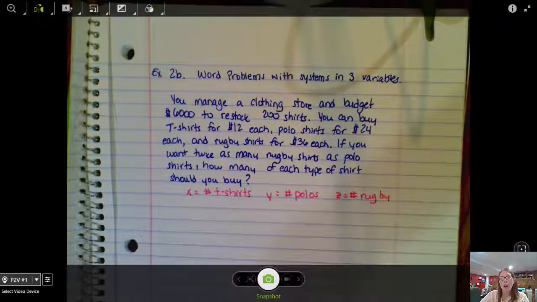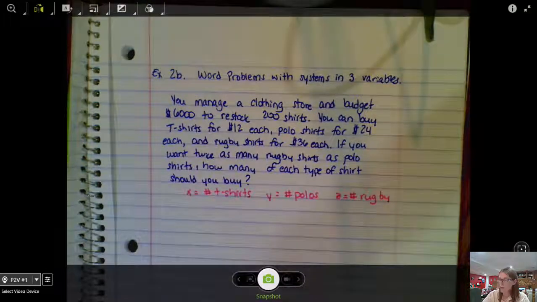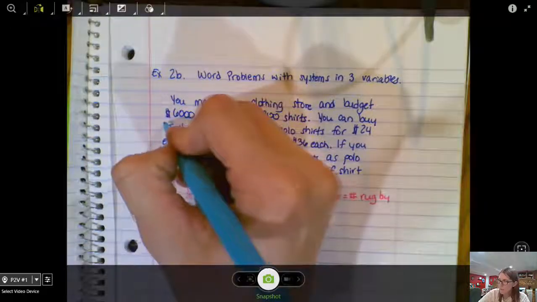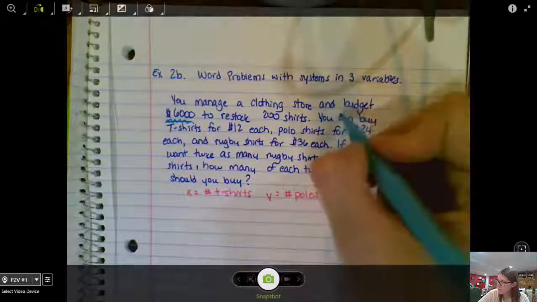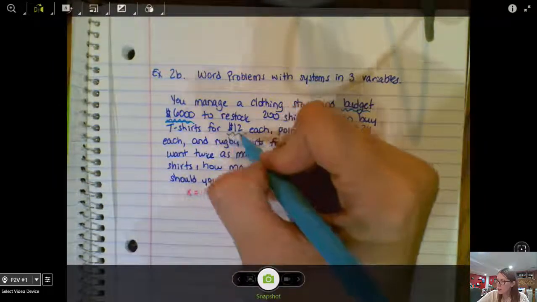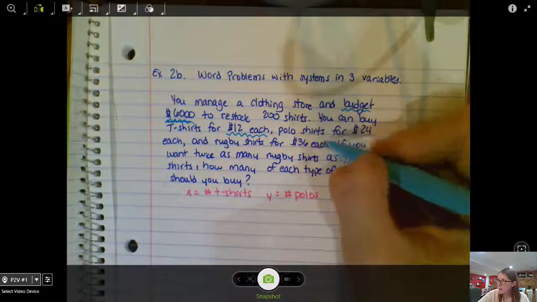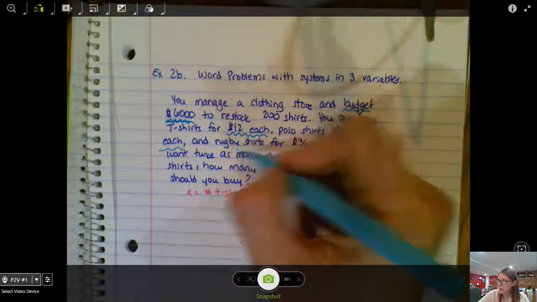Then we can look for our similar information. Let's look at our budget first, budget of $6,000. And let's see, t-shirts are $12 each, polos are $24 each, rugby shirts are $36 each.